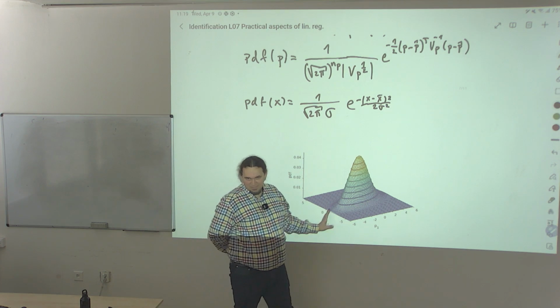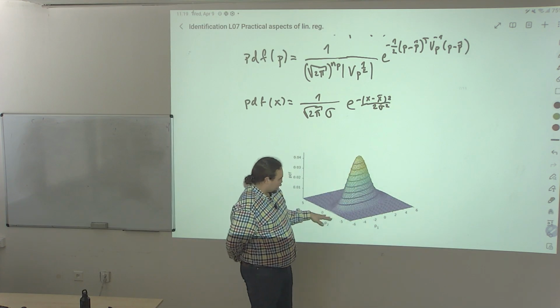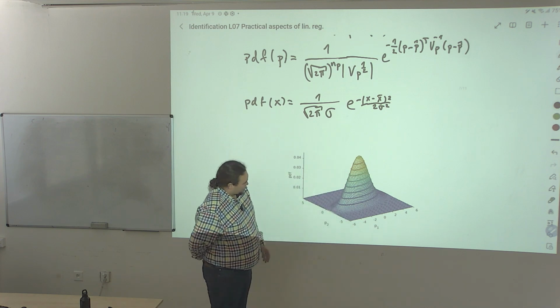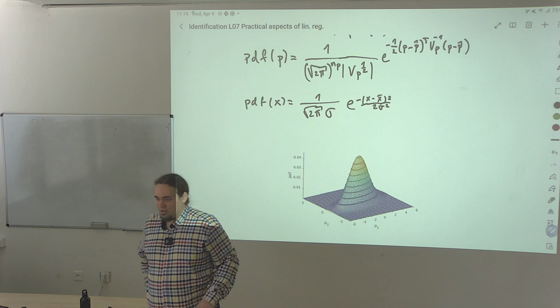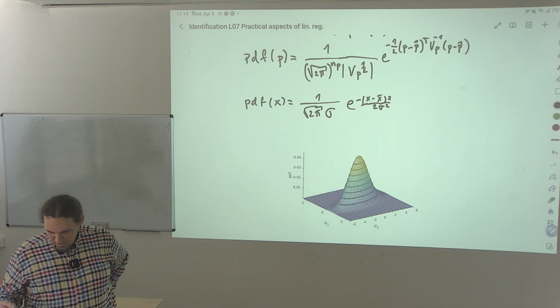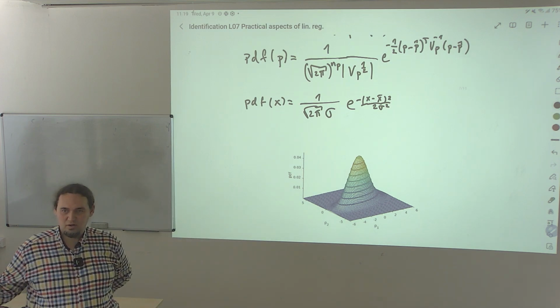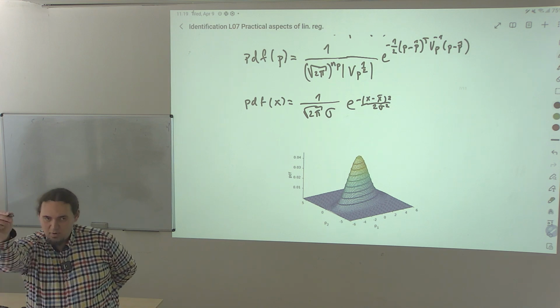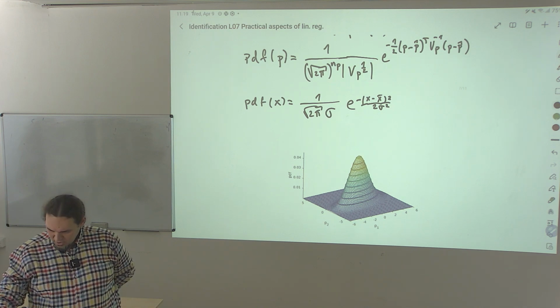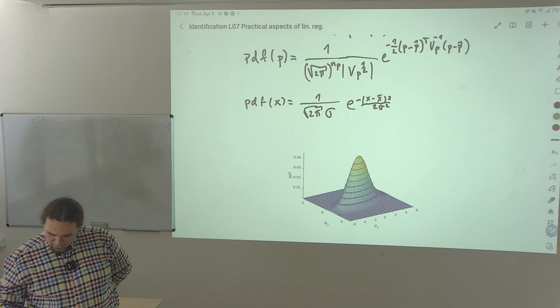It's still this Gaussian curve, this sort of a bell, and if we look at this from the side of P1 and P2, it works quite nicely.